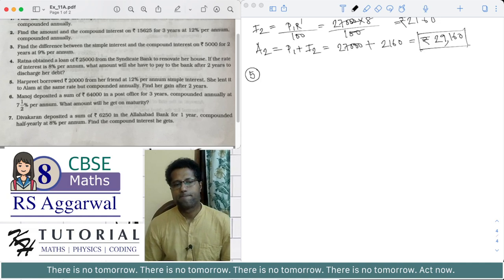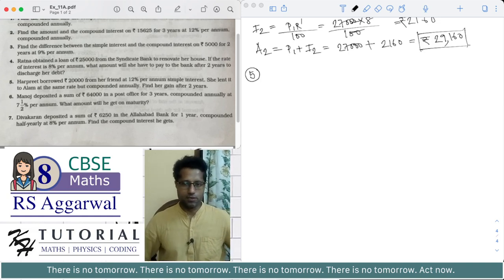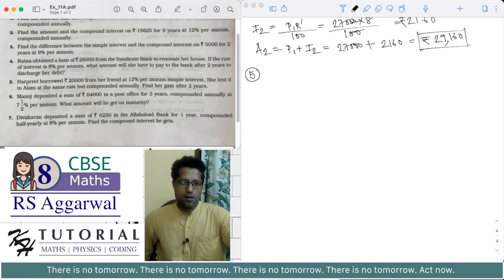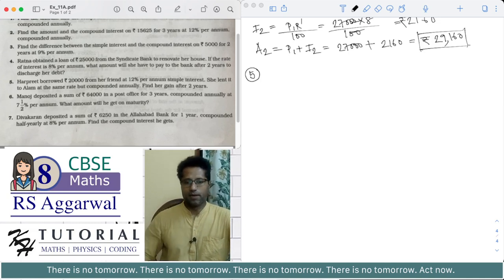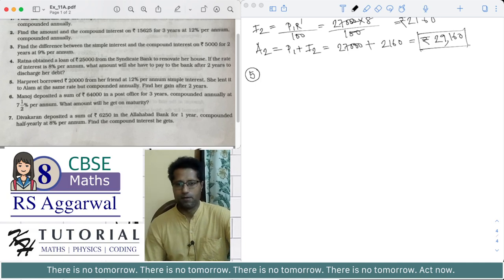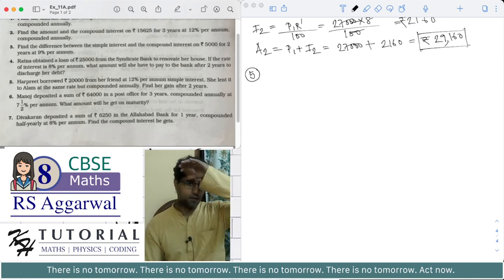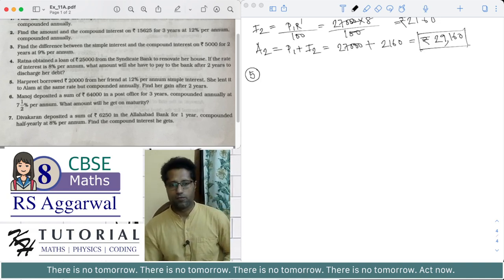So what is the question asking? Find her gain after 2 years. Now, what will be her gain? Her gain will be the amount of money Harpreet will receive from Alam minus the amount of money Harpreet will have to pay back to her friend from whom she took the loan.